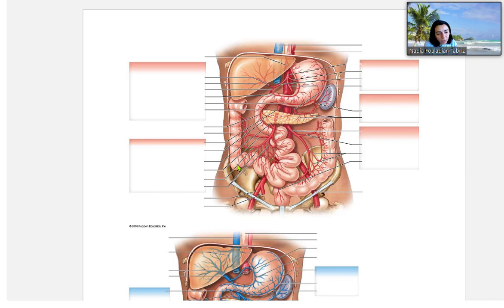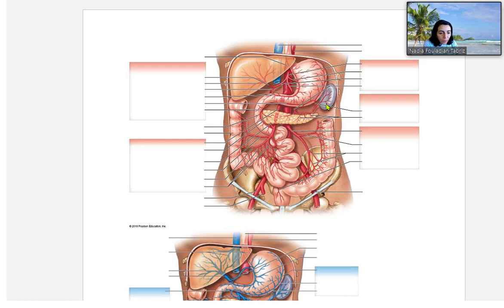This part of the large intestine is called ascending colon, and this one is transverse colon that have been cut. The rest of that is descending colon, and then you have a S-shaped sigmoid colon, and then at the end becomes straight and goes deep into the pelvis. We call it rectum.